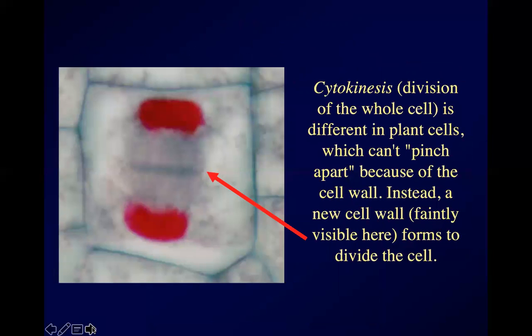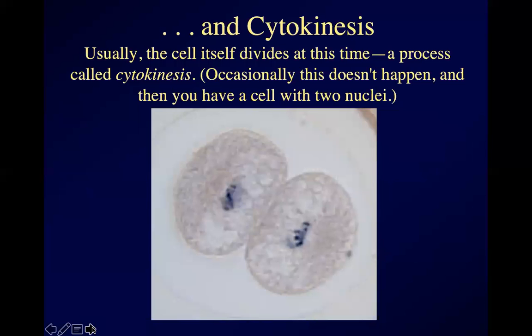In plant cells, by the way, cytokinesis looks a little different because a plant cell can't just pinch apart. If we go back to this picture of cytokinesis in the fish embryo, cytokinesis is a little bit like, you could do this with a water balloon, right?